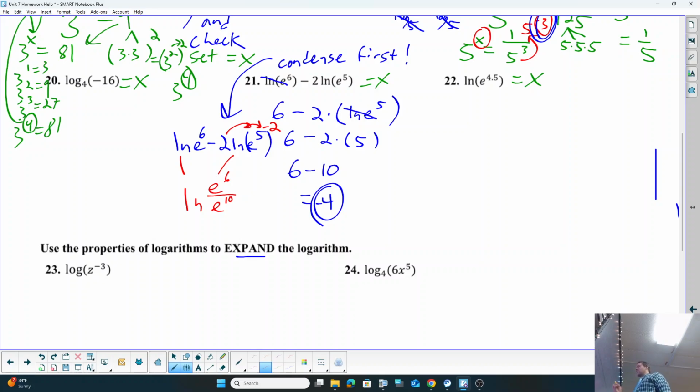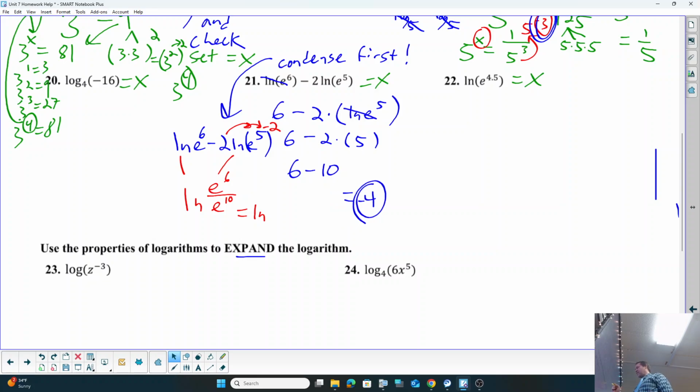Then you reduce: 6 e's on top and 10 e's on the bottom. I don't know if this is going to work, actually. What happened there? Let me see. So e to the 6th power.